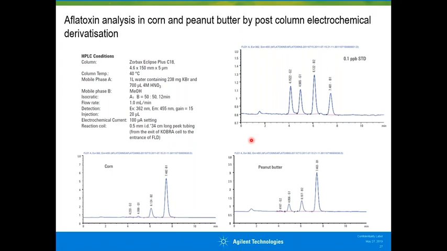Again, aflatoxins do not naturally exhibit strong fluorescence, but we want a more sensitive detection, which would be less than 1 ppb. Normally if I just inject samples containing aflatoxins in my FLD detector, I would get a response, but not at a very low concentration. I would get somewhere around 10 ppm concentration.